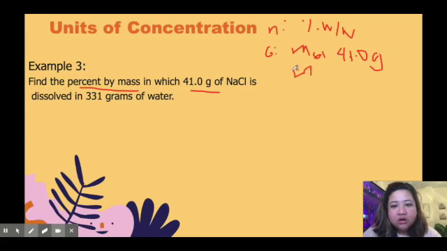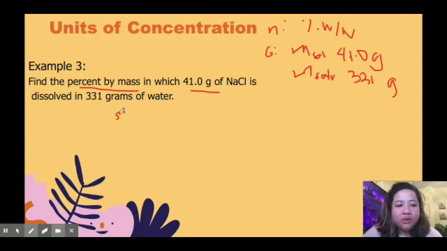And the mass of solvent is 331 grams of water. Remember, the formula for percent by mass is mass of solute over mass of solvent times 100.